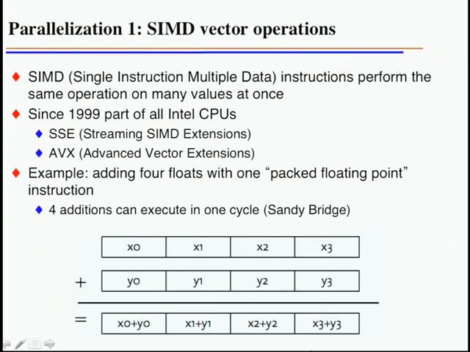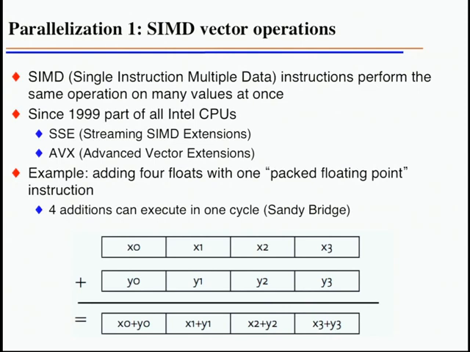So you have this vector of 1, 2, 3, 4 floats here, and you want to add to each of them one of these floats. And now there's an SSE instruction for doing that, and a rather recent Intel Sandy Bridge CPU can execute this one instruction doing 4 additions within one cycle.